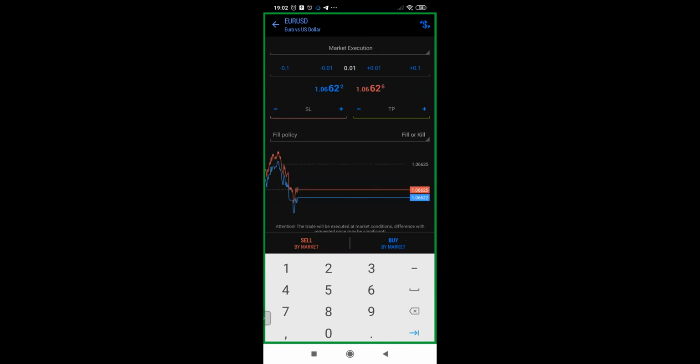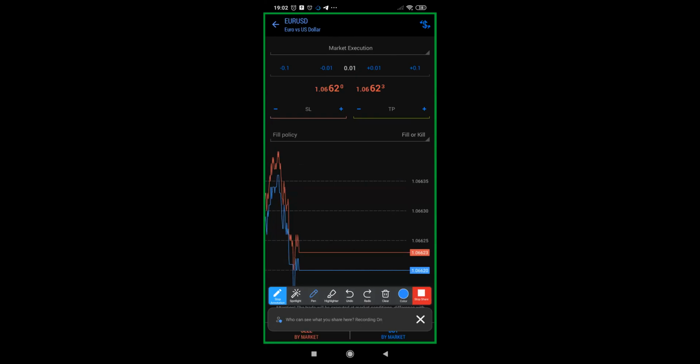And over here, you can see you are being asked for your stop loss and then your take profit. Stop loss is the one, SL in red, take profit is TP in green. If you know your stop loss or your take profit, you just simply type in your stop loss price and then your take profit price.